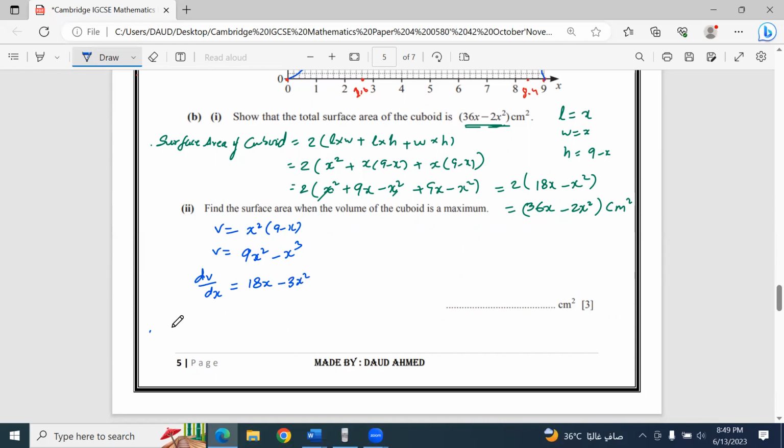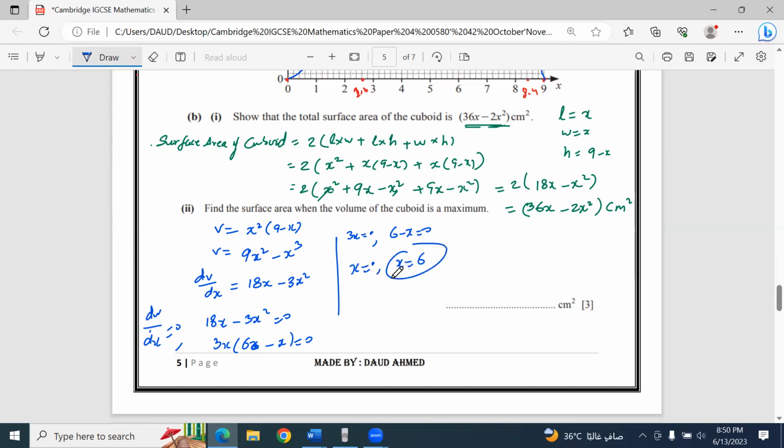For a maximum or minimum point, we always say stationary. Derivative must be 0, means dV over dx equals 0. So 18x minus 3x squared equals 0. We can take 3x as common. So we have 6 minus x equals 0. It means we are getting 3x equals 0 and 6 minus x equals 0. So x is equal to 0 and x is equal to 6. Remember that we are looking for the maximum value. So x equal to 6 will give us the maximum surface area as well.